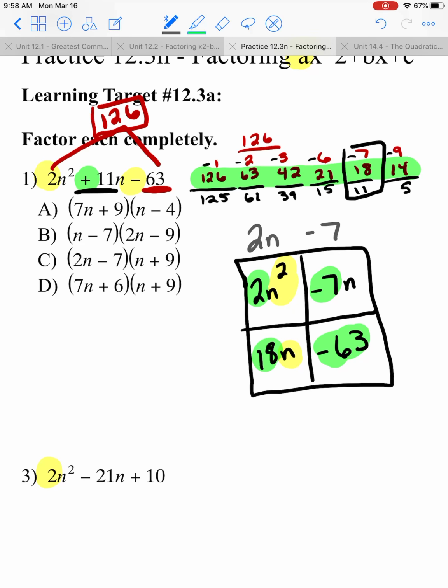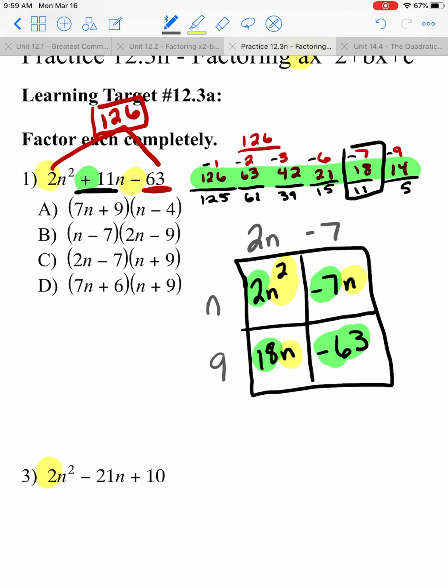I come down, I'm going to go across my rows. The greatest common factor of 2 and negative 7 is just 1. The greatest common factor of n squared and n is n. The greatest common factor of 18 and negative 63 is 9.